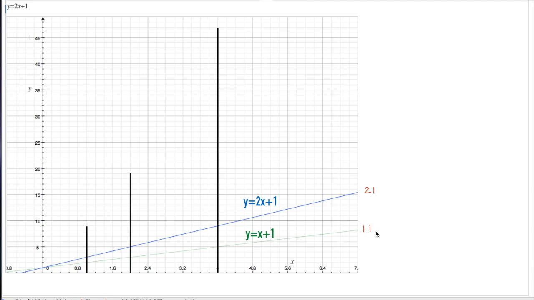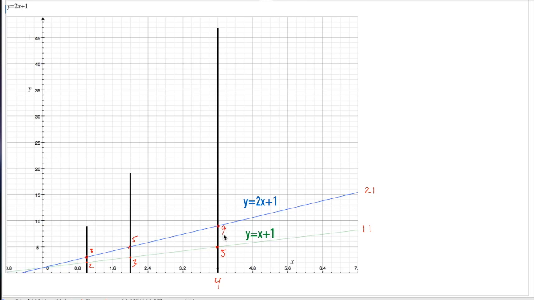Let's evaluate these at a few points. For example, at point 1, this one is going to be 3, and this one is going to be 2. At point 2, this one is going to be 5, and this one is going to be 3. And at point 4, this one is going to be 9. Great.